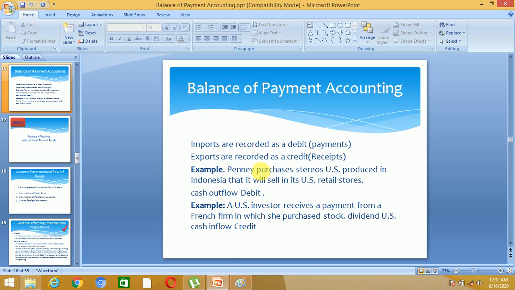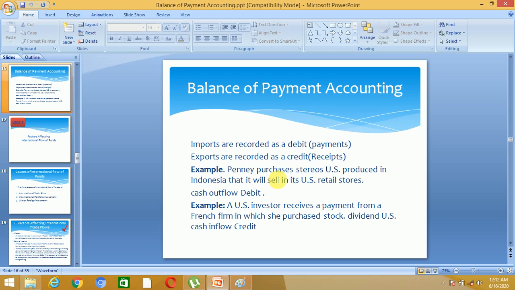Now here is an example. Penny purchases stereos, US produced, in Indonesia, that it will sell in its US retail stores. Cash outflow, so it will be a debit.